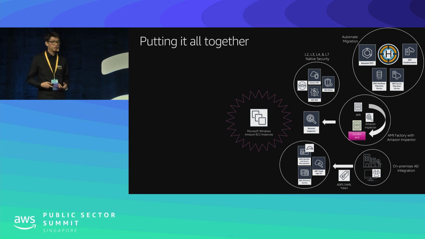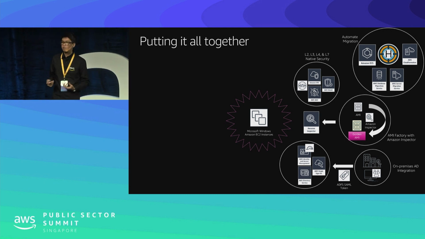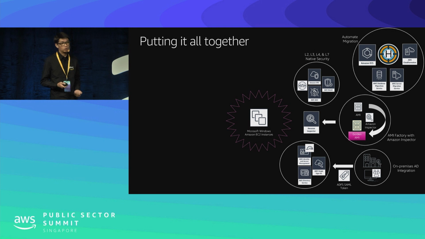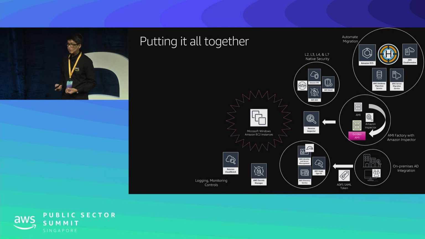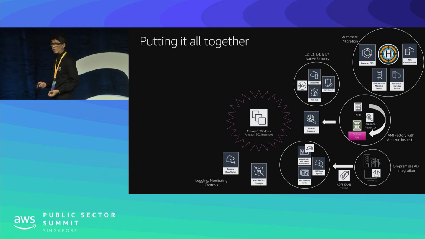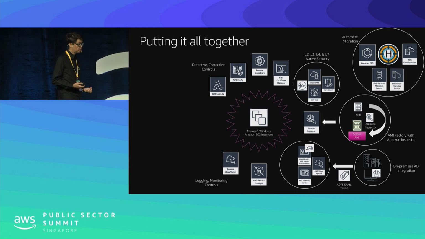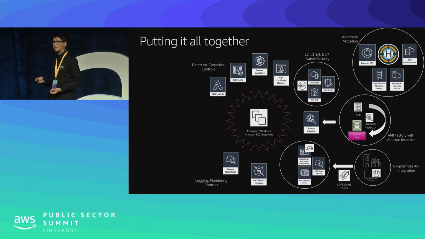You are going to automate the golden image build process and have it run through Inspector to do a vulnerability assessment of that particular image, and then you will deploy those EC2 instances. You're going to leverage CloudWatch and Secrets Manager to do logging and monitoring of your environment. You have detective and corrective controls as well, using GuardDuty, Inspector, as well as Lambda to do automated remediation of the environment.